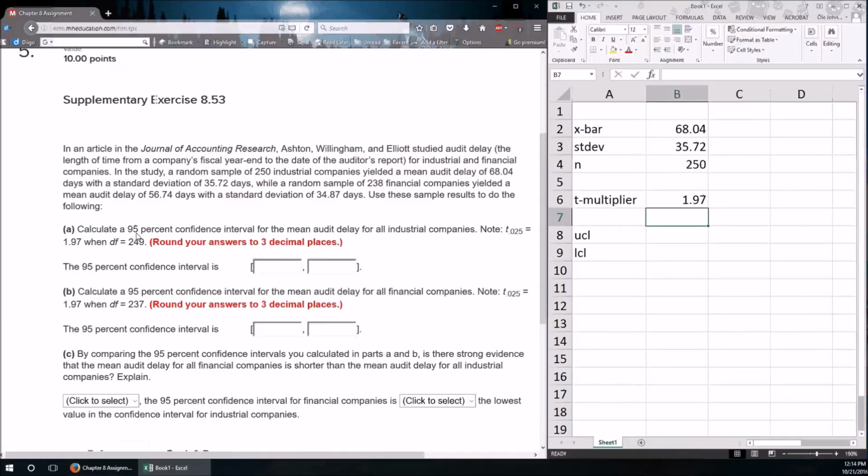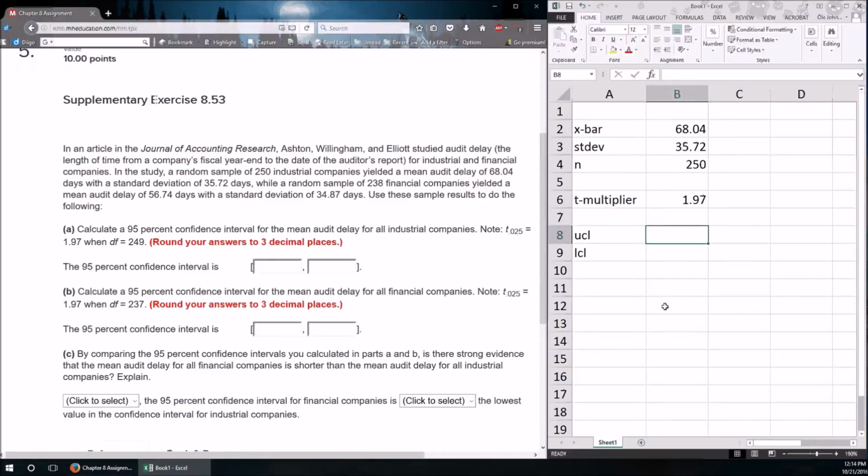In other words, the confidence level gives us the proportion of the times that we're going to be correct with our estimate, and the alpha is going to give us the proportion of times that we're going to be wrong with our estimate.